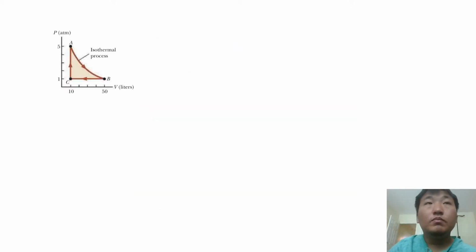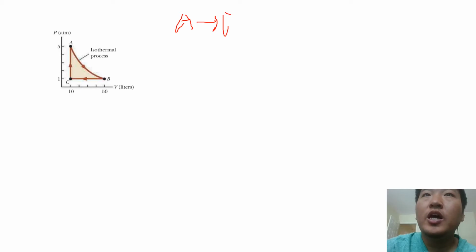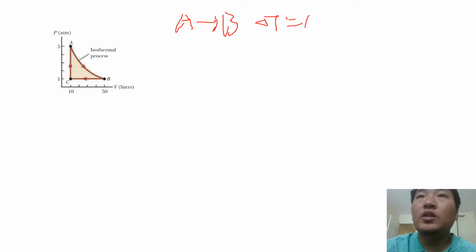In this slide, I'll focus on the A to B process. As the question gives, the A to B process is isothermal, which means that the temperature doesn't change. So the change of the temperature is 0. Because the temperature doesn't change, neither does the internal energy. There's no change in the internal energy.